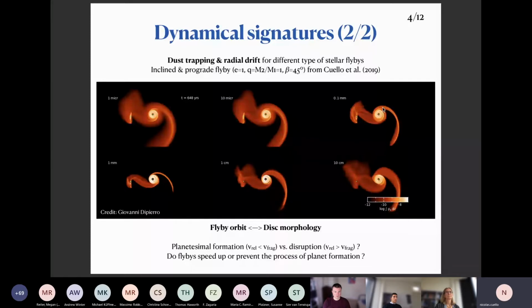These kinds of structures strongly depend on the different type of stellar flybys. This is just an example of an inclined and prograde flyby like the one before. The main message here is that we can connect the flyby orbit with the disk morphology that results from the encounter. And there are some open questions about planetesimal formation. Do flybys speed up or prevent the process of planet formation? That's something to think about.